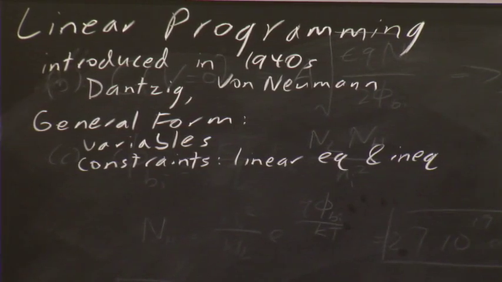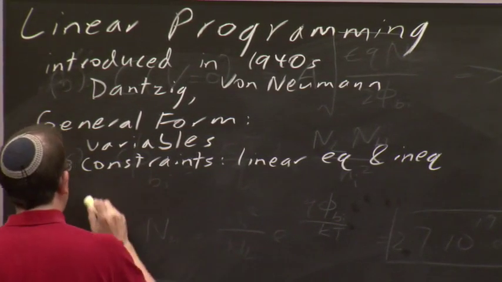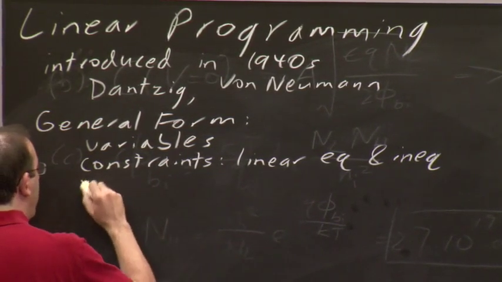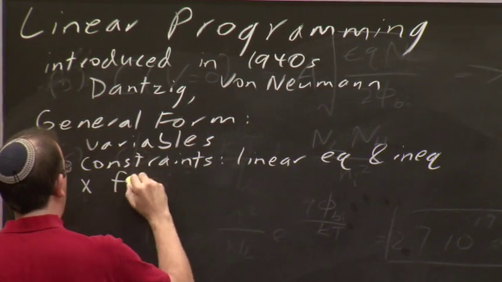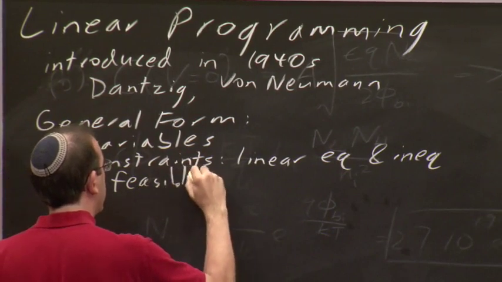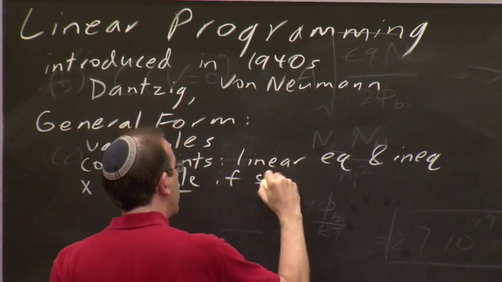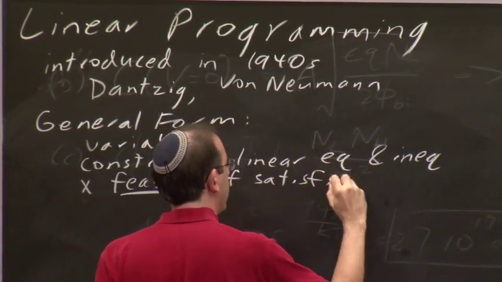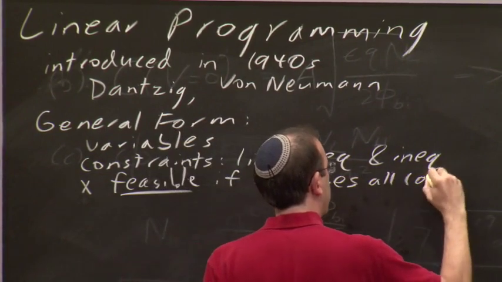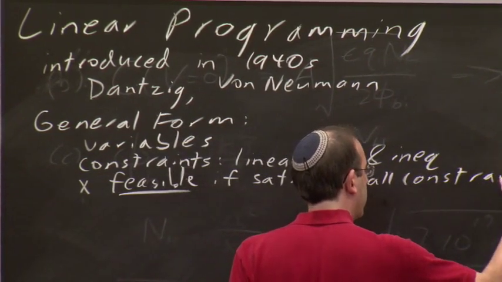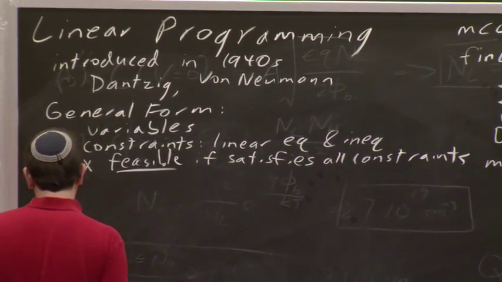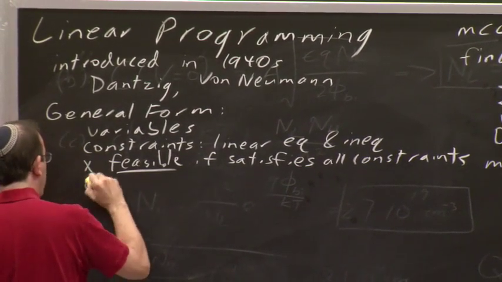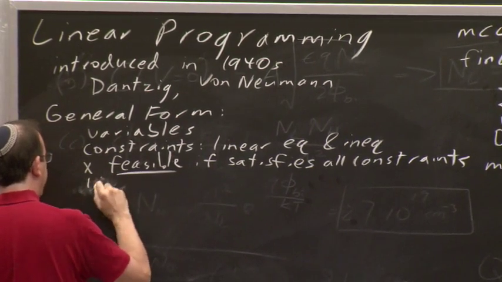Okay. And once we have some constraints, we can talk about a setting of the variables. This is, x will now be a vector. And we'll say that that is feasible if it satisfies all the constraints. And we're going to say that we can have an objective function, which is also linear.